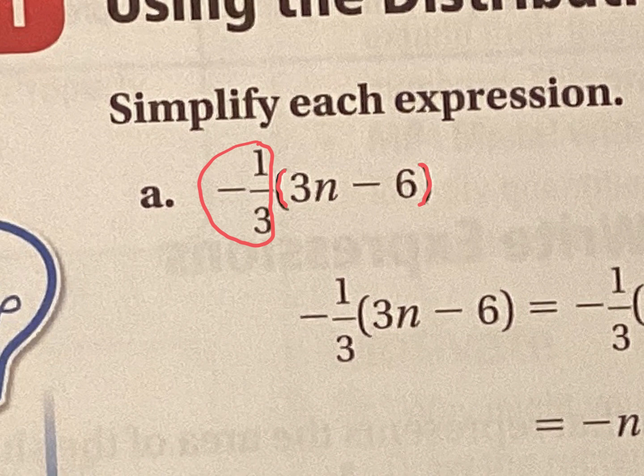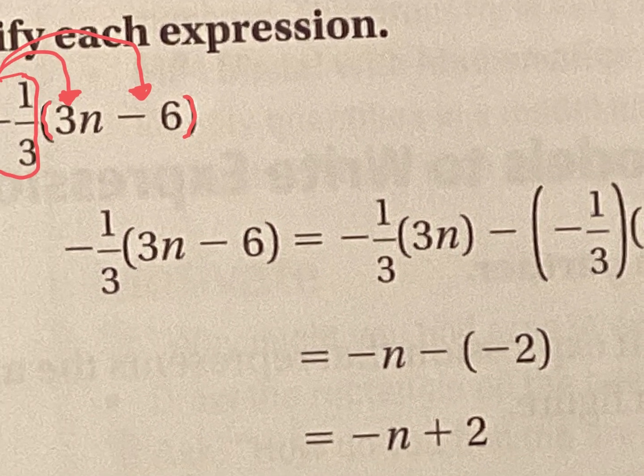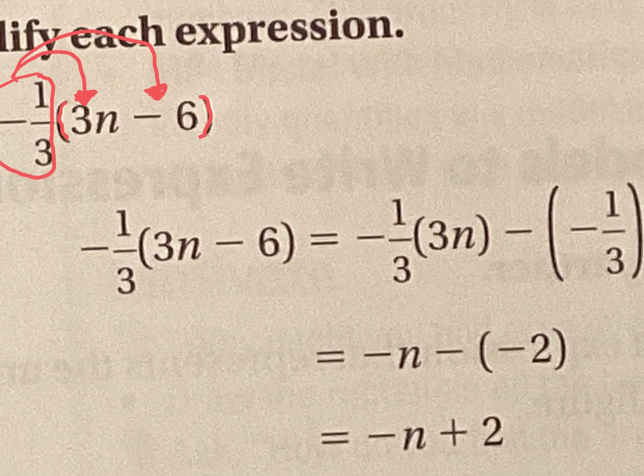So you're going to multiply this negative 1/3 to that, and you're going to multiply the negative 1/3 to the negative 6. So if we look here, when they took this and multiplied it to that, it looks like this.